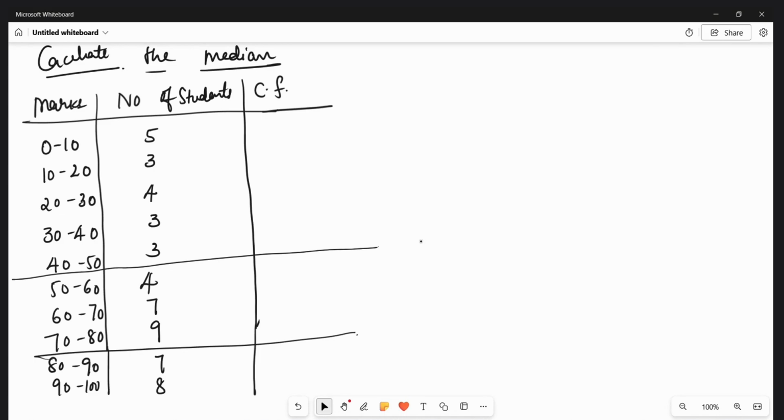So first calculate the cumulative frequency. Cumulative frequency means you start adding the frequencies. First one is 5. Second is 5 plus 3, so 8. Third is 8 plus 4, 12.